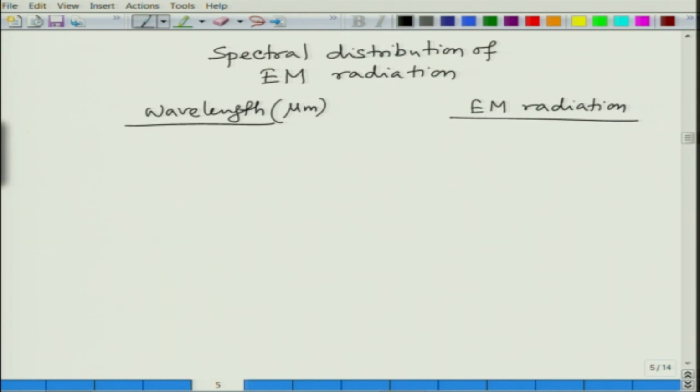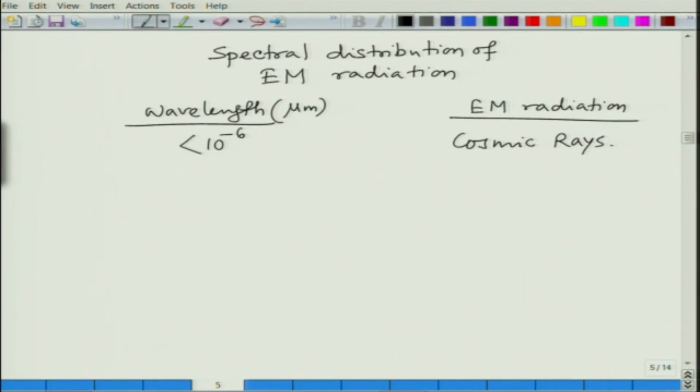Okay. So, the shortest wavelength electromagnetic radiations are called cosmic rays, okay, which are coming from different cosmic bodies in space.